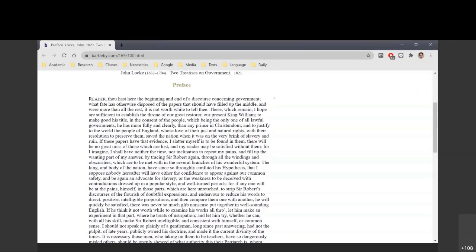To make good his title in the consent of the people, which being the only one of all lawful governments, he has more fully and clearly than any prince in Christendom. So according to Locke, King William has the consent of the people basically more than any other government in the world.